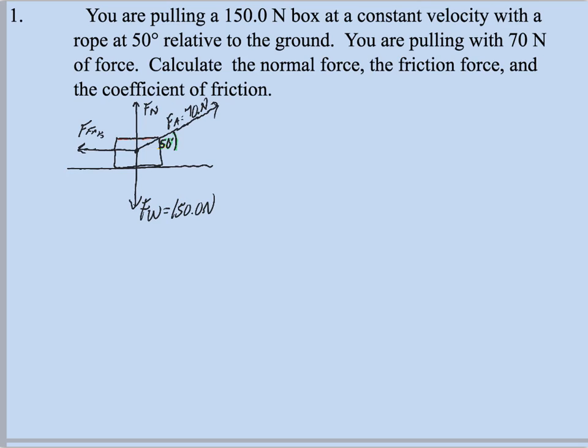And I want to incorporate the 50 degrees, so I'm going to draw my x component first. It's going to come out, it's going to follow the x-axis. Put a little arrowhead on it, like that. I'm going to label it force applied with an X on the end.